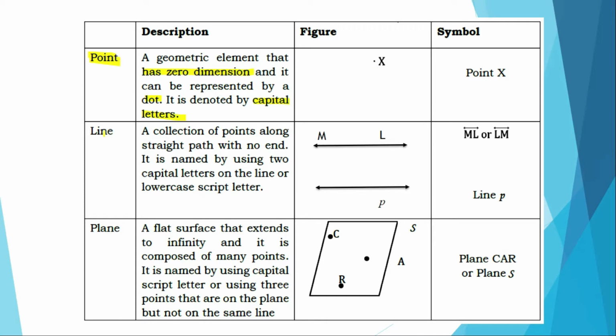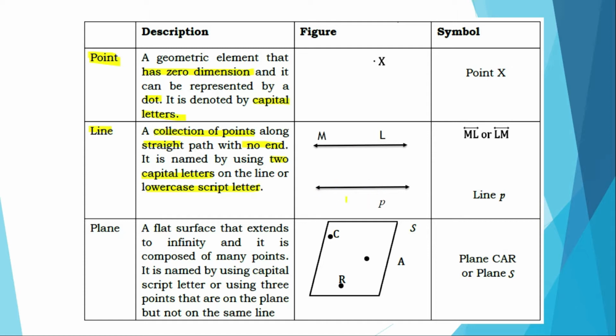Next, we have line. When we say line, it is a collection of points along a straight path with no ending. It is named by using 2 capital letters on the line or a lowercase script letter. So, when you say script letter, ganito siya. This figure is called line ML or line LM.